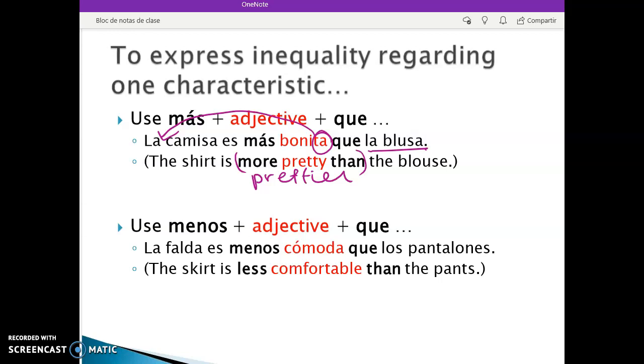So it's the same format, menos plus the adjective plus que. So la falda es menos cómoda que los pantalones. The skirt is less comfortable than, right? It's not as comfortable as basically the pants. So cómoda ends in an A for the same rule as the previous sentence. La falda is feminine. See, it doesn't matter that los pantalones is masculine and plural. It's got to agree with the first noun.